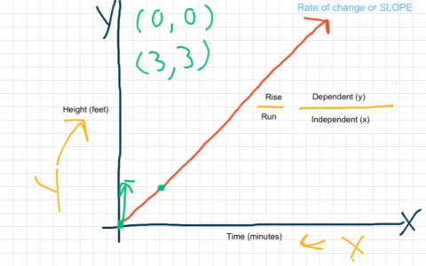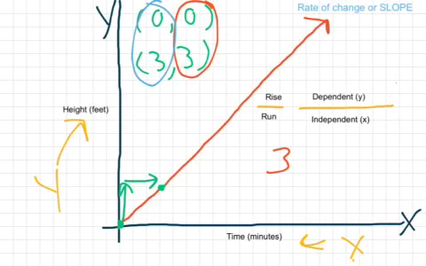And he goes over for 3 minutes. The change in our y is 3. The change in our x is 3. Our rise and our run.